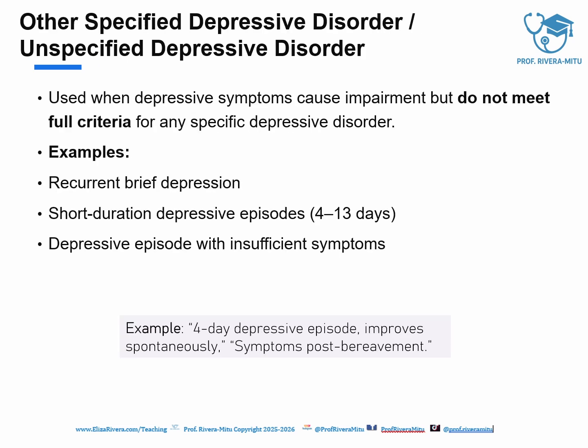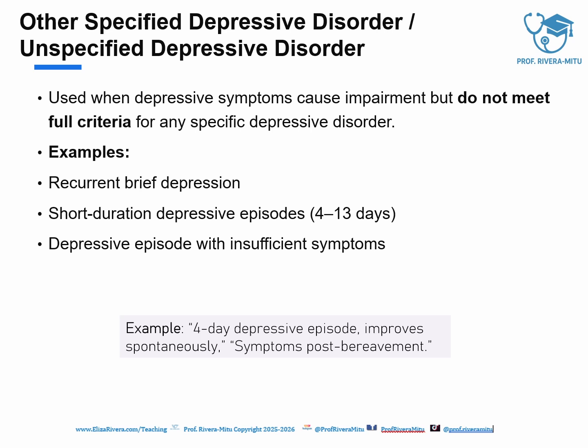This last category, other specified depressive disorder or unspecified depressive disorder, is used when symptoms are present and clinically significant, but they don't meet the full criteria for a specific depressive disorder. For example, if a person has 3 MDD symptoms for 10 days, or brief but recurrent depressive episodes.